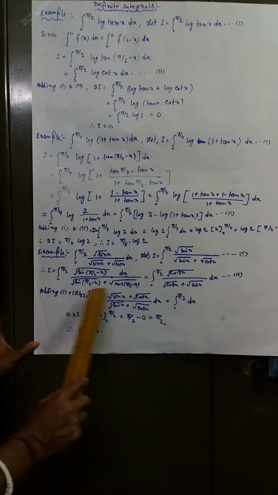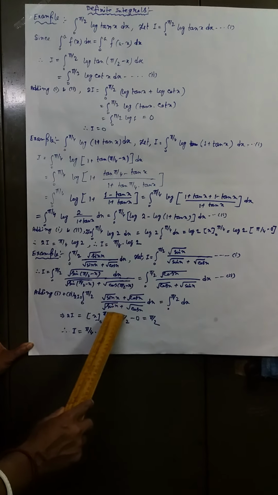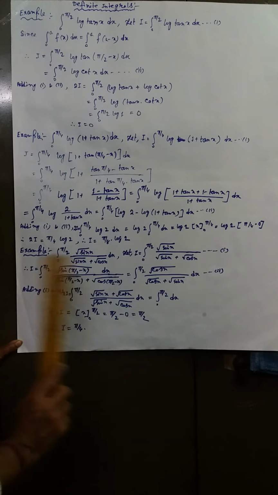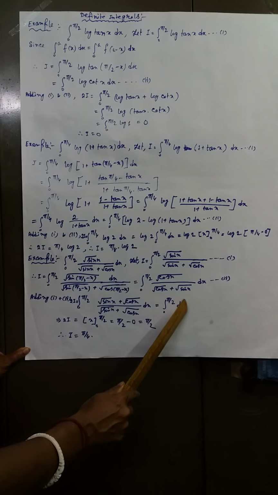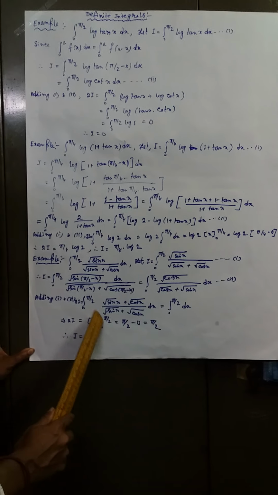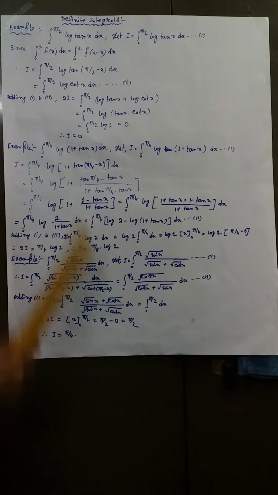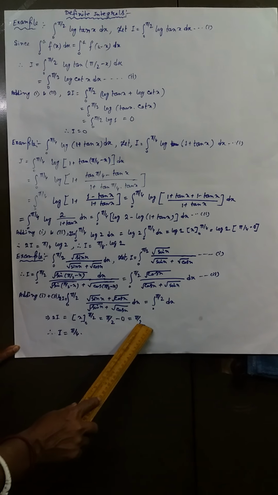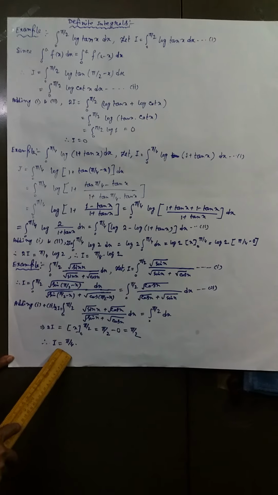I plus I, 2I, and from the right hand side we get (root over sin x plus root over cos x) by (root over sin x plus root over cos x), that is only the integral from 0 to pi by 2 of dx, and integration of dx equals only x, so 2I equals x from 0 to pi by 2, that is pi by 2 minus 0, that is equal to pi by 2, so I equals pi by 4. This is the result.